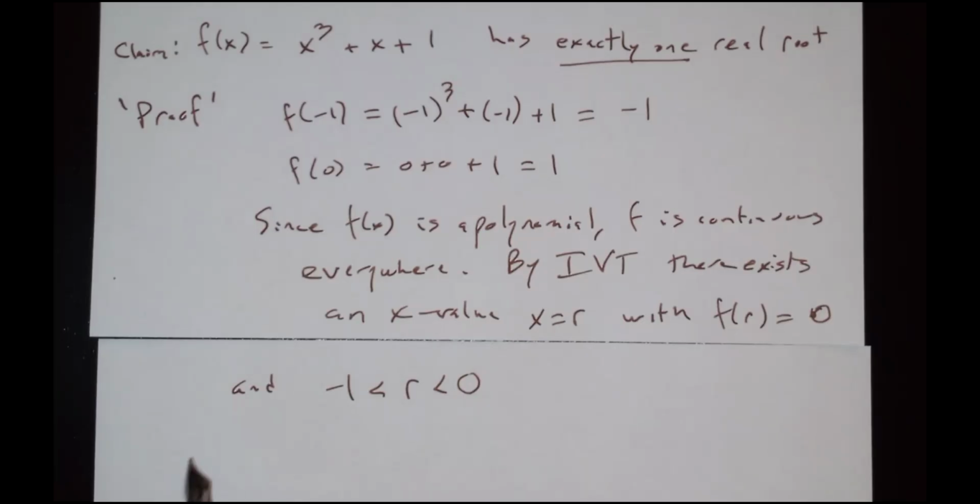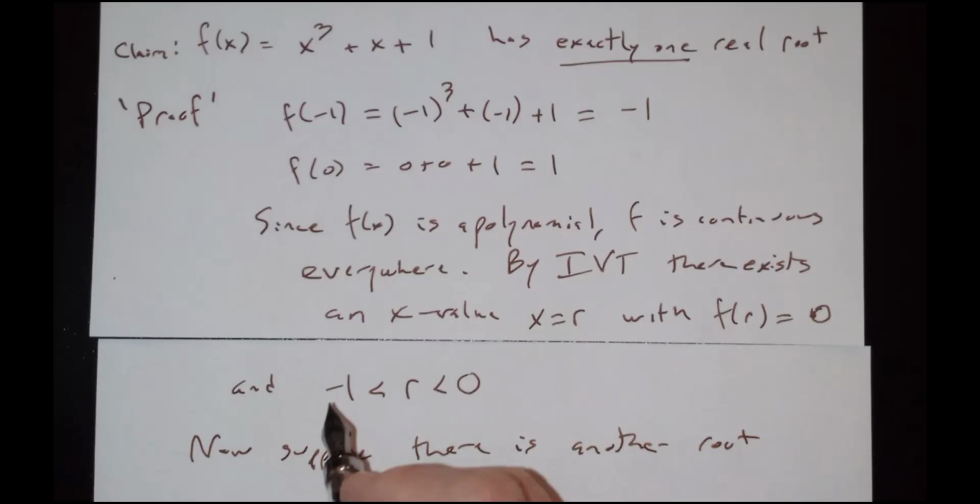So now suppose there is another root. What do you want to call this one? I need a name. I used R over there. What do you want to use here? Pick a letter.